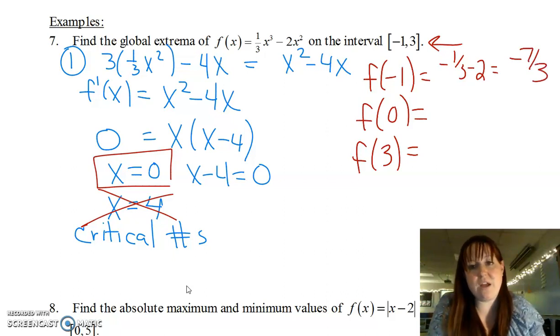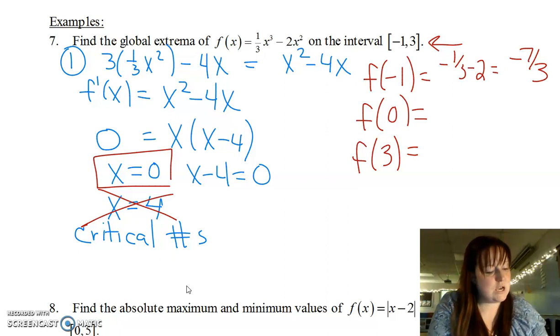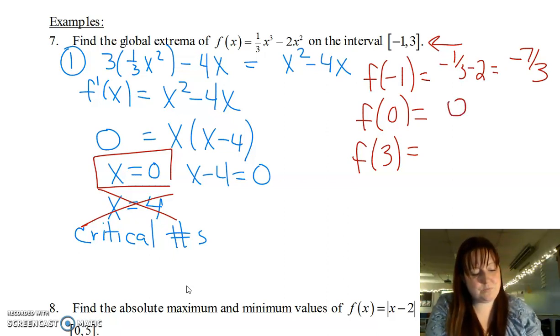Okay, so at f of -1, our function is at -7/3. So that's an endpoint. Then again, f of 0 is either a peak or a valley, so let's plug in 0. And that should be easy because it is just 0.